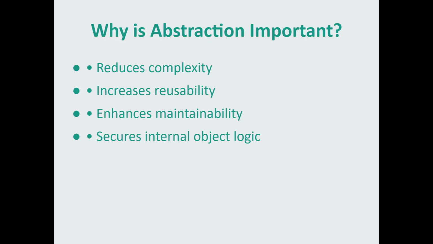Once a method is abstracted, others can use it without rewriting code. Third, it enhances maintainability because you can change the internal implementation without affecting users. Lastly, it improves security by hiding internal logic from the outside world.